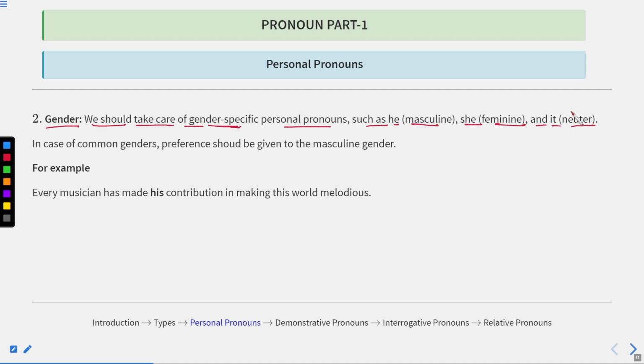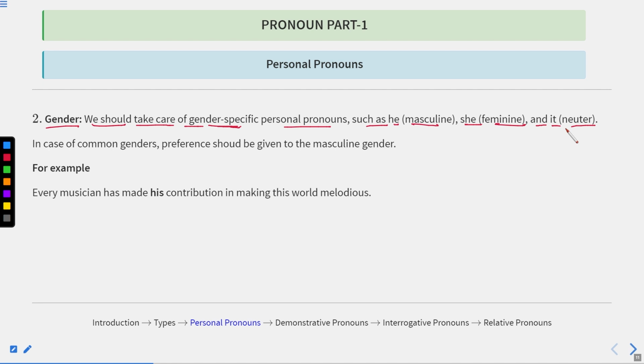And it for the neuter gender. For example, if I'm talking about a pen, I would use it to represent that pen. If I want to use its objective case, obviously it will be it, and to show possession, I will use its.